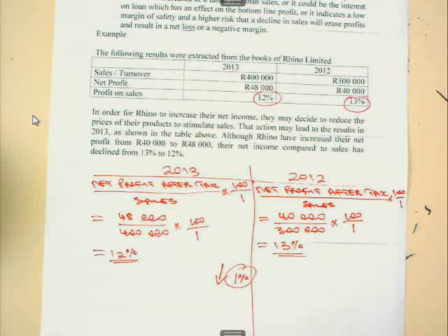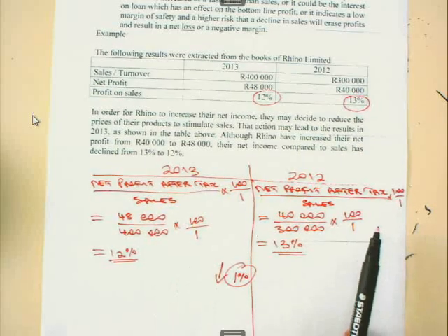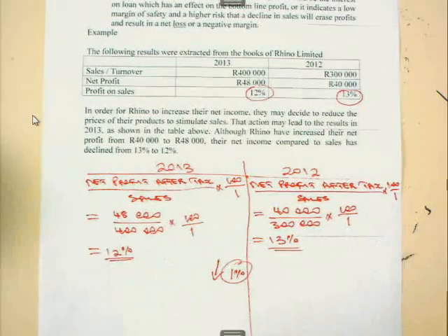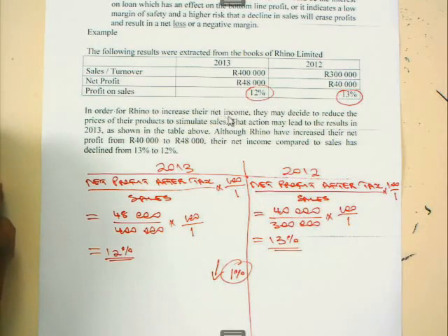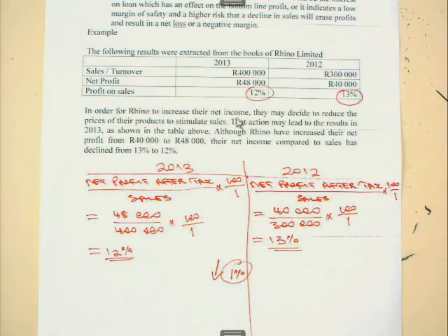It means for every 1 rand of sale, the business was earning 13% profit in 2012, and in 2013, for every 1 rand of sale, we are now earning 12%. In order for Rhino to increase their net income, they may decide to reduce the prices of their products to stimulate sales.